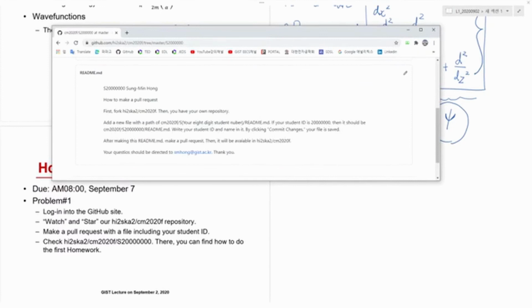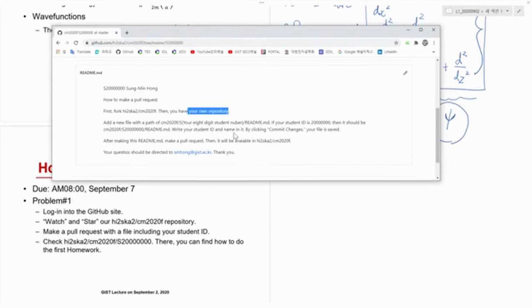First, you have to fork the main repository. This one is shared by all our students and myself, so you don't have the privilege to change it directly. So by forking this original repository, you have your own repository. Since that is yours, you can change it.